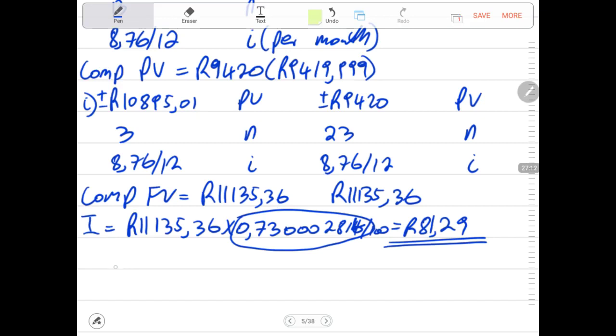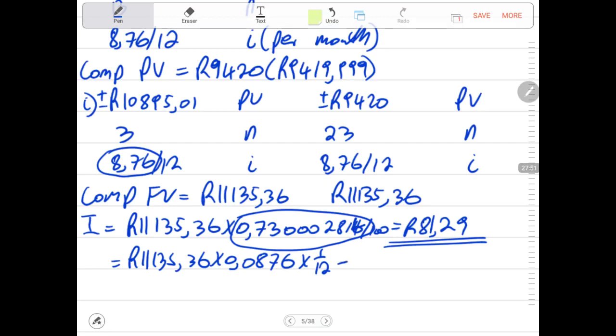Now, if I don't use the interest per month, I can say 11,135.36 times 0.0876, which is our interest for the year compounded monthly, then times by 1/12. Let us check if we get to the same figures. 11,135.36 times by 0.0876 times 1 divided by 12.